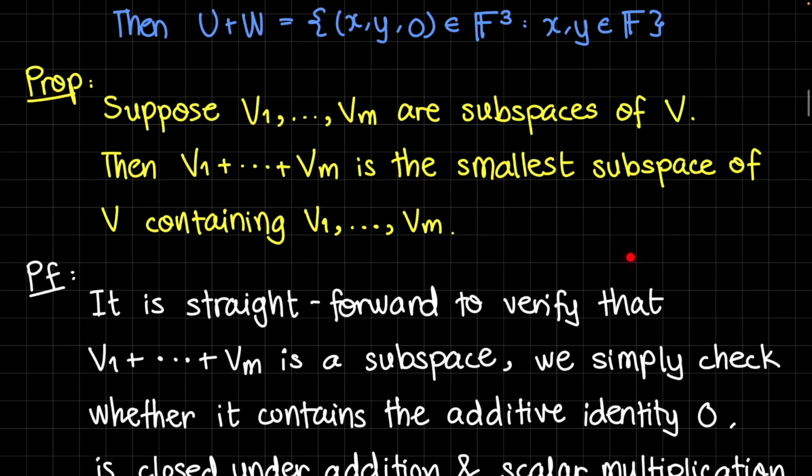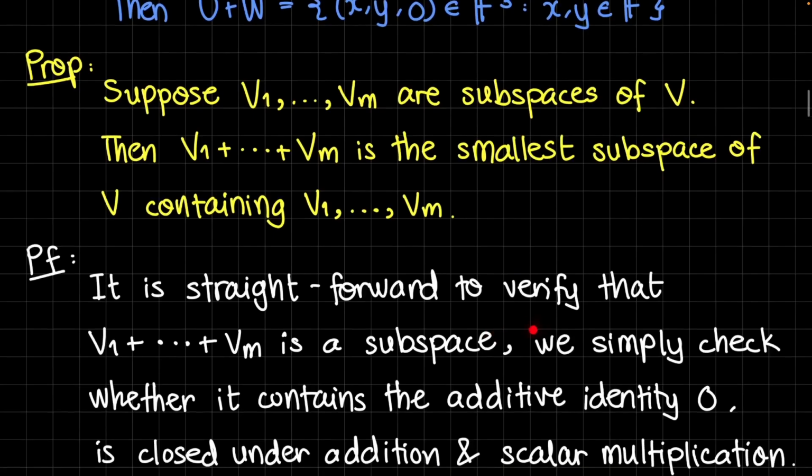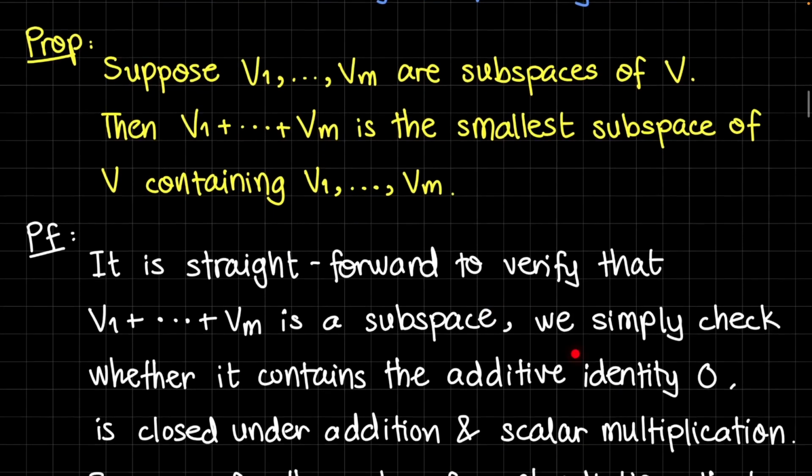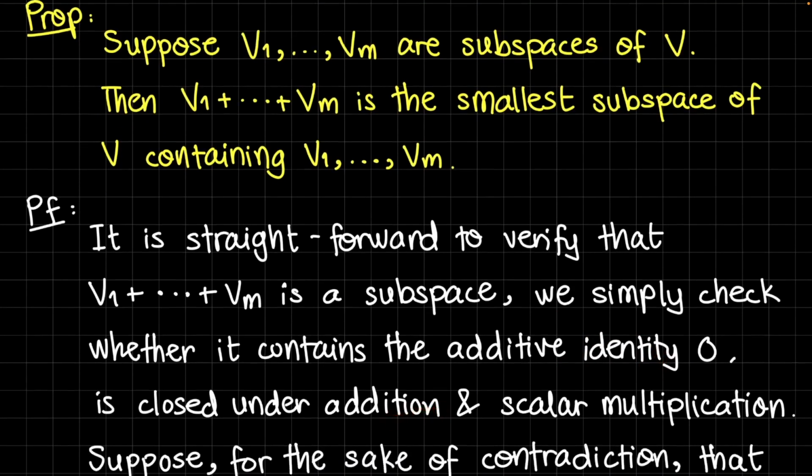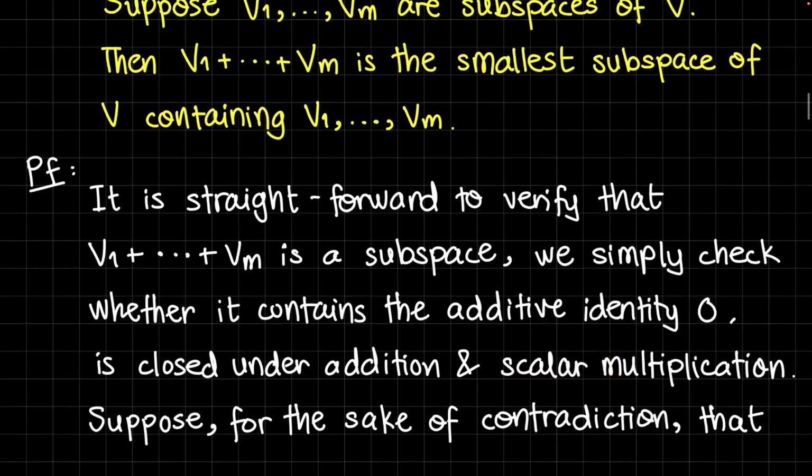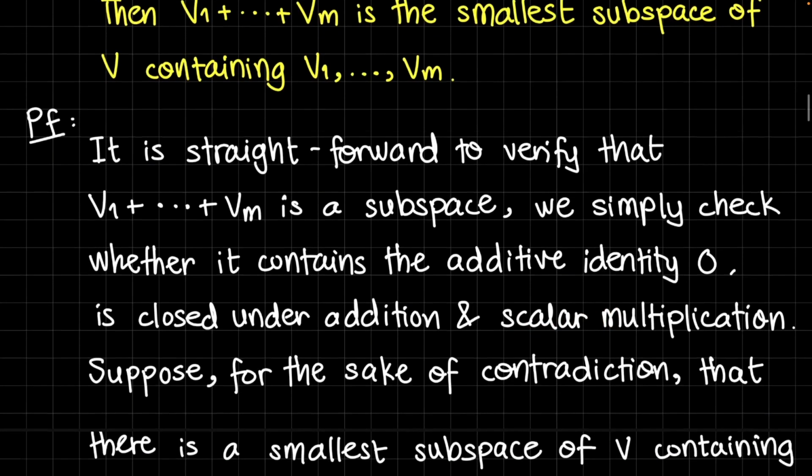To prove that it's a subspace, it's straightforward to verify. We just check that it contains the additive identity, the 0. It's closed under vector addition and scalar multiplication. That's all three criteria that we had at the beginning.